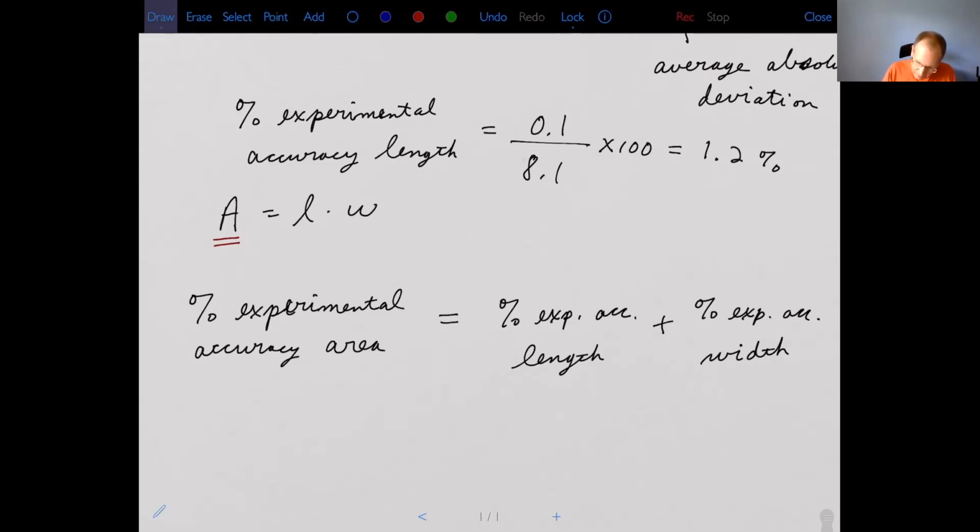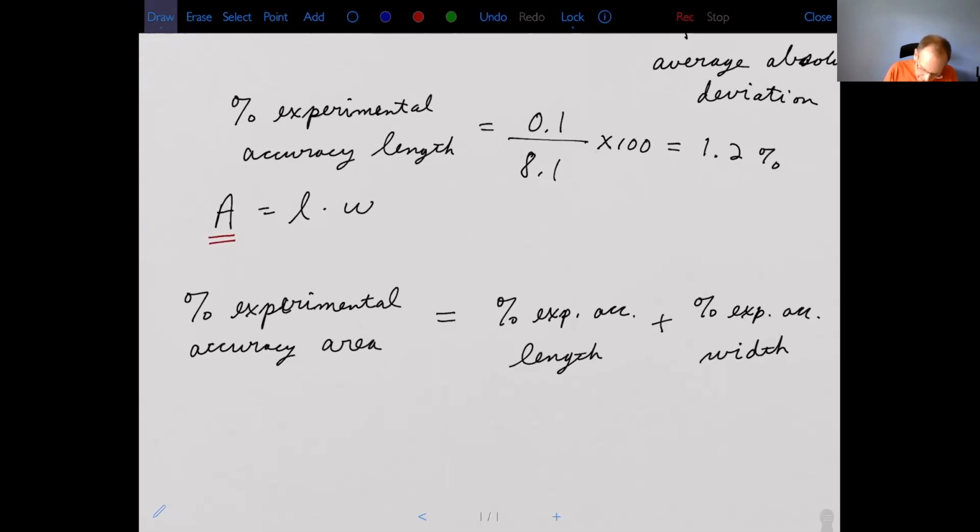Like if I have, let's say, a rectangle, and let's say I make an error on the length. So let's say this is length and this is width. And I make an error on the length of that much. And then same thing for the width.